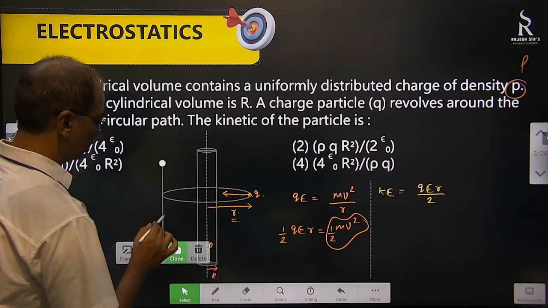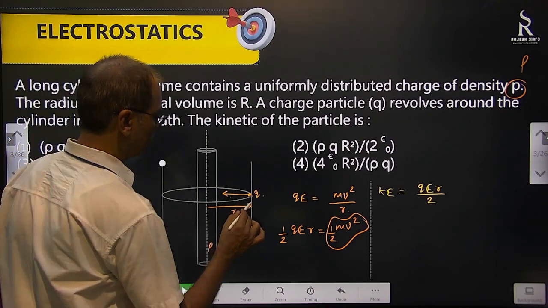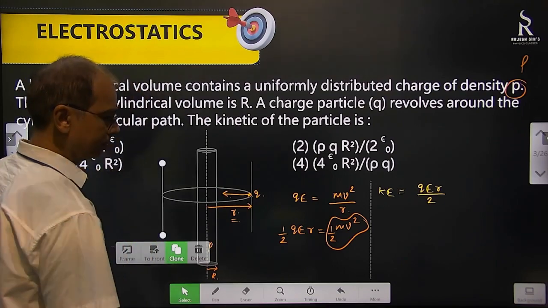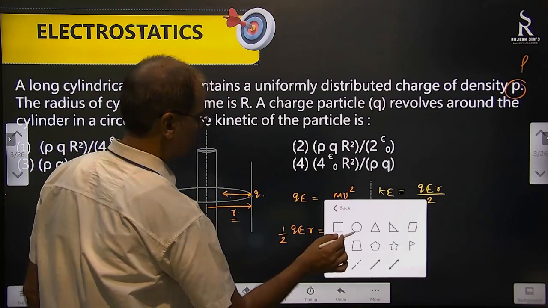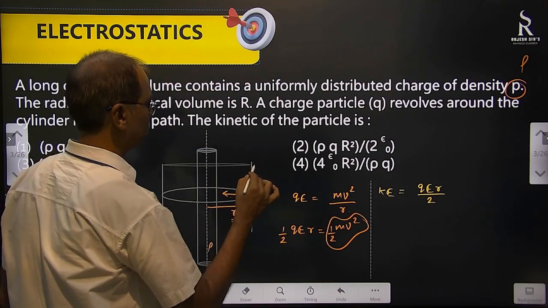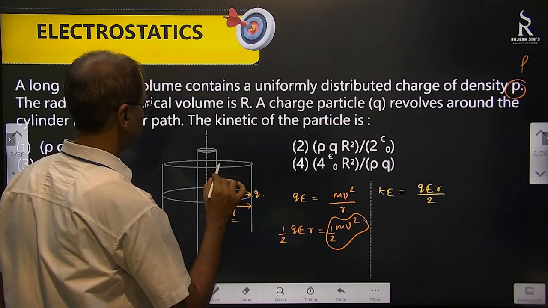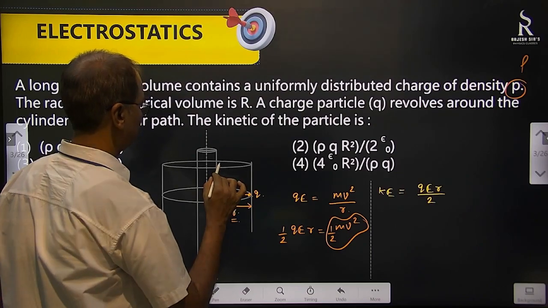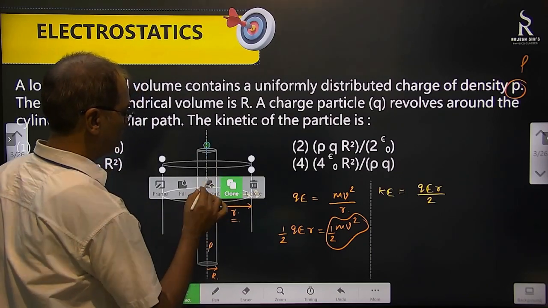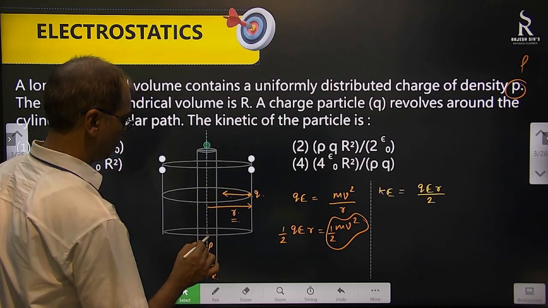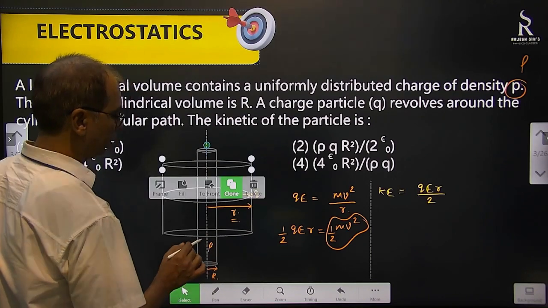We are going to make a small cylinder, like this, something like this. Lift it up, and then take it down also. This is our small cylinder.